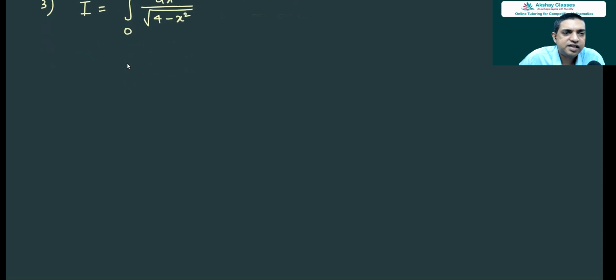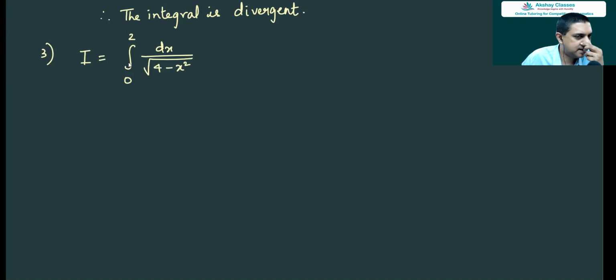The general tendency is to write the antiderivative directly as sine inverse x by 2. But we need to know that at x equal to 2, the integrand is discontinuous. It has an infinite discontinuity; it goes to infinity. So let us do this.